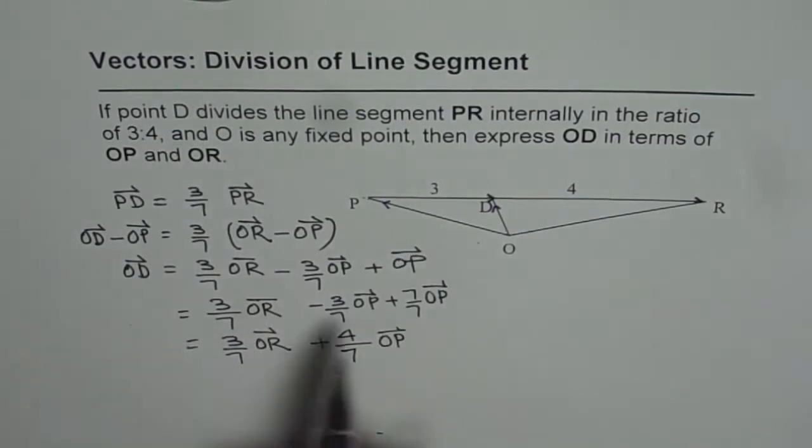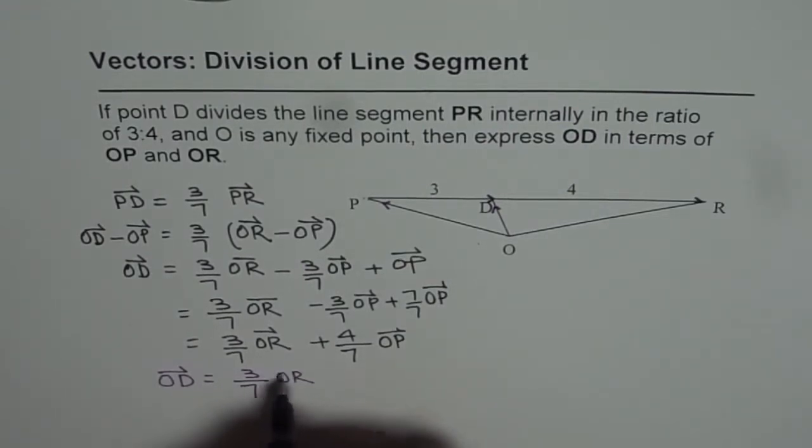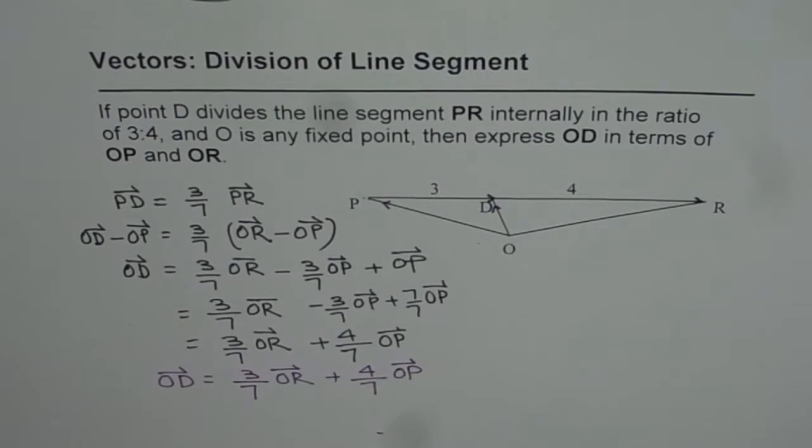So that is how OD is related with OR and OP. Now I can write this as a formula: OD is equal to 3/7 of OR plus 4/7 of OP, correct? So that is how they are related.